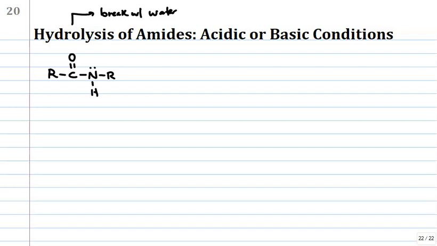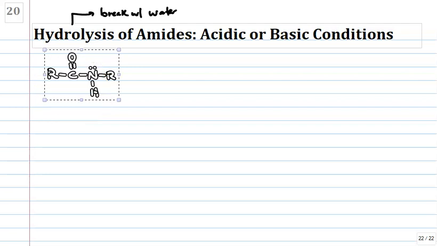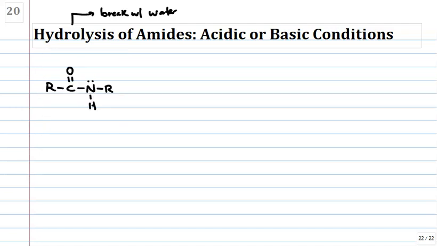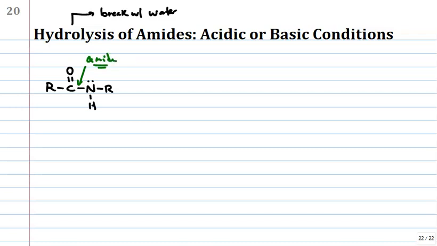So here's the goal, and I'm going to move this down a little bit. The goal is to break this bond. This is the amide bond. It must be broken, and we must use water to break it.